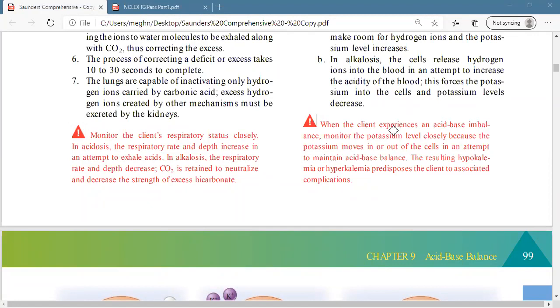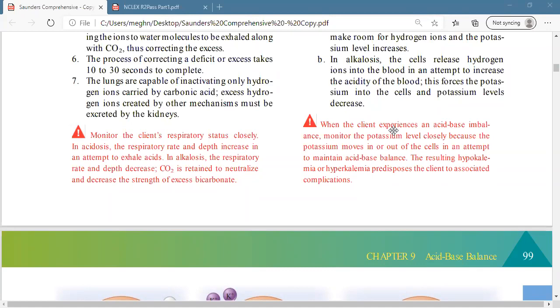The resulting hypokalemia or hyperkalemia predisposes the client to associated complications. So potassium goes down, hypokalemia, or potassium goes up, hyperkalemia. Both are dangerous for the patient. Both can lead to imbalance of the acid and base, right?